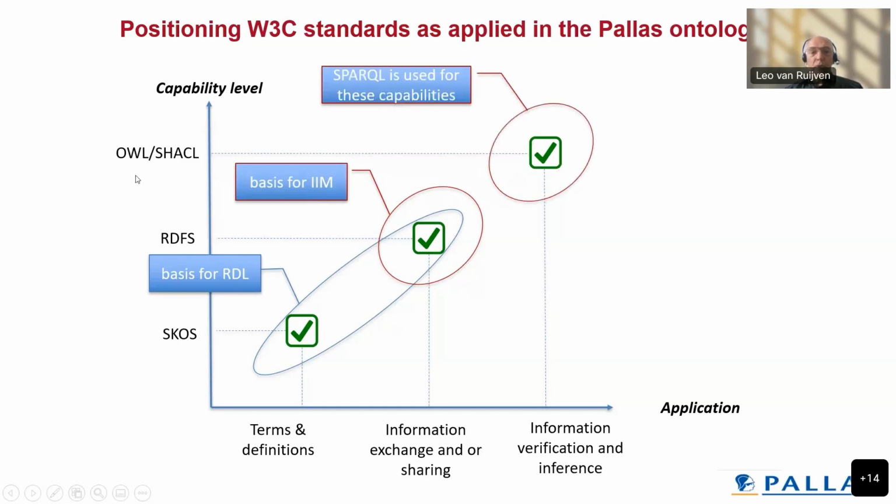And on the level of OWL and SHACL, so for information verification and inference, we used just SPARQL to fill in those capabilities. So in this project, we intentionally did not use OWL, just because of simplification reasons, and also because software cannot handle OWL in such a project.